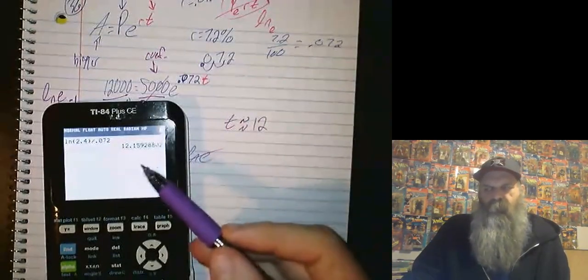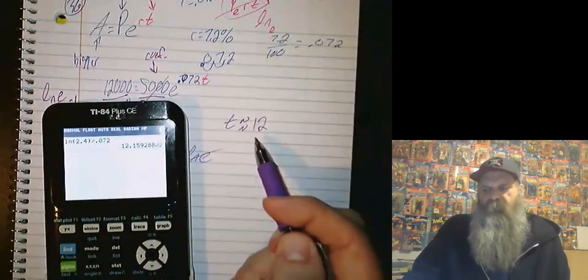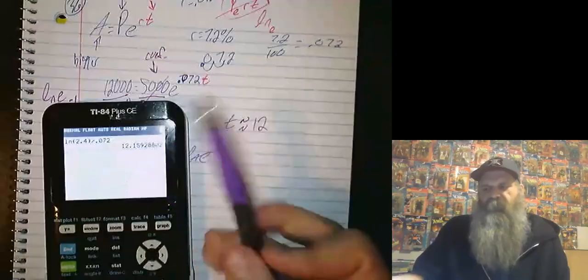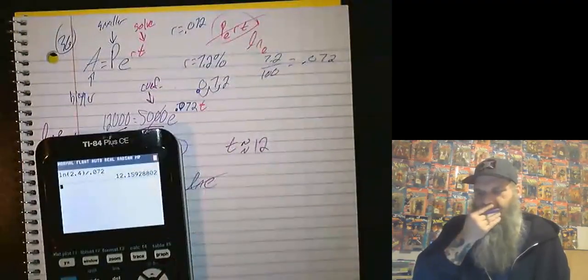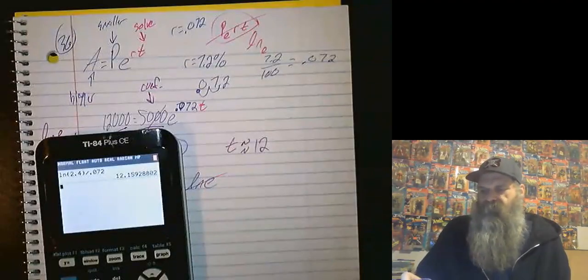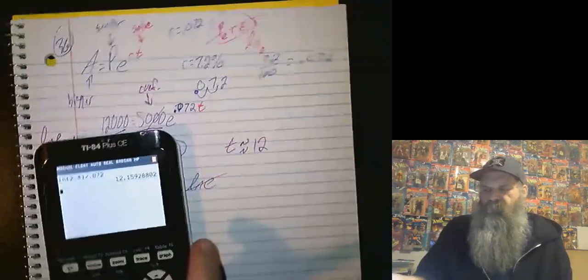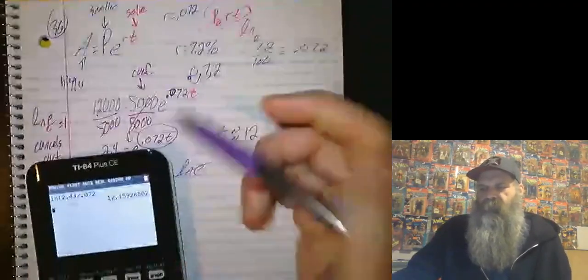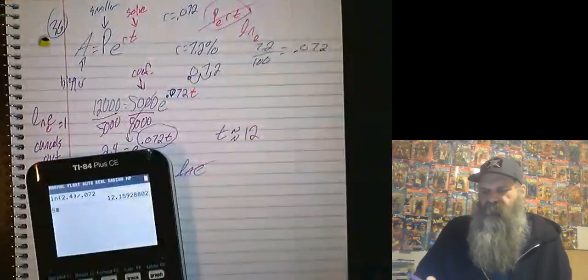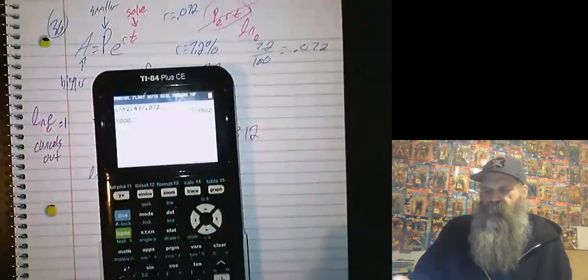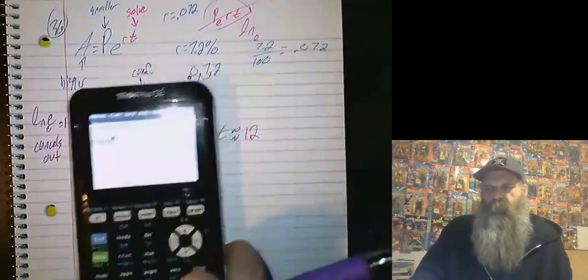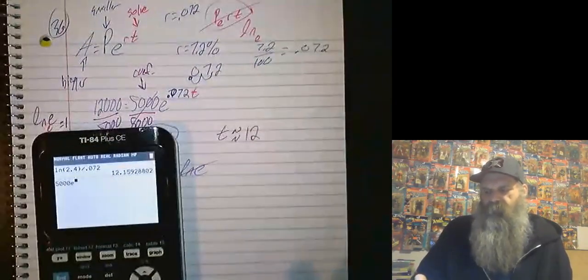I'm just going to check our work by plugging in 12. So we're not going to get exactly the 12,000. But let's take a look. Our formula on the right side is 5,000 times, and second natural log brings up E to a power, and I'm going to type in 0.072 times 12.